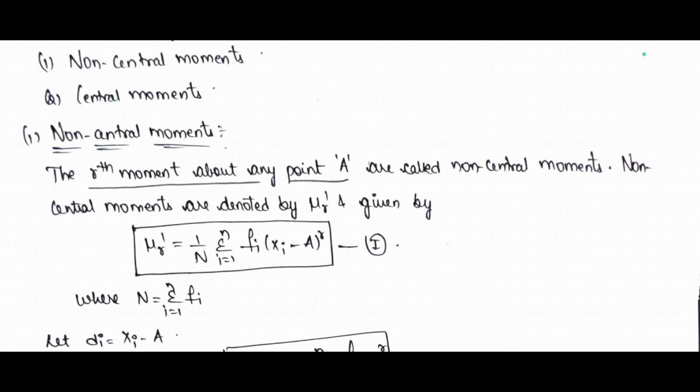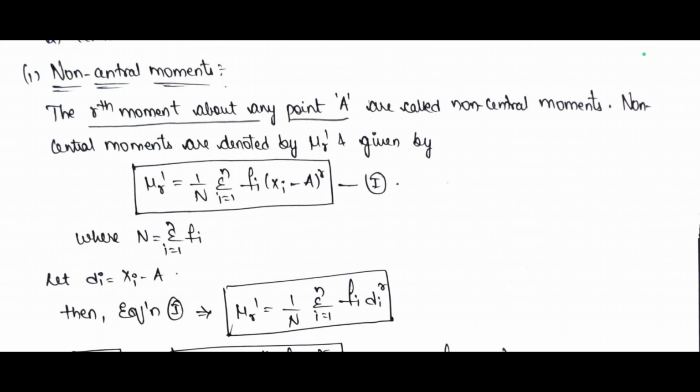The rth moment about any point A is called the non-central moment. Non-central moments are denoted by mu r dash. So mu r dash is equal to 1 divided by capital N, summation fi into (xi minus a) whole to the power of r. Put it as equation number 1.